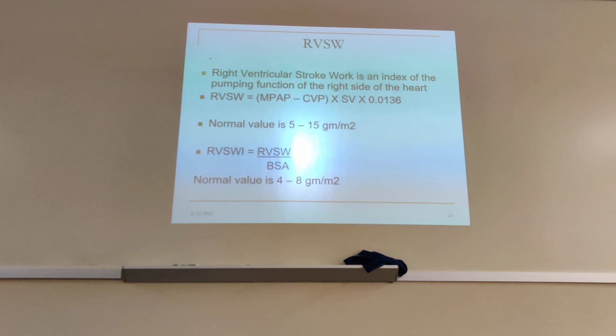So this one here, right ventricular stroke work, is a measurement of how hard the right heart is pumping. Normal is 5 to 15. When you index it, you get like 4 to 8, and of course it depends on what your body surface area is.